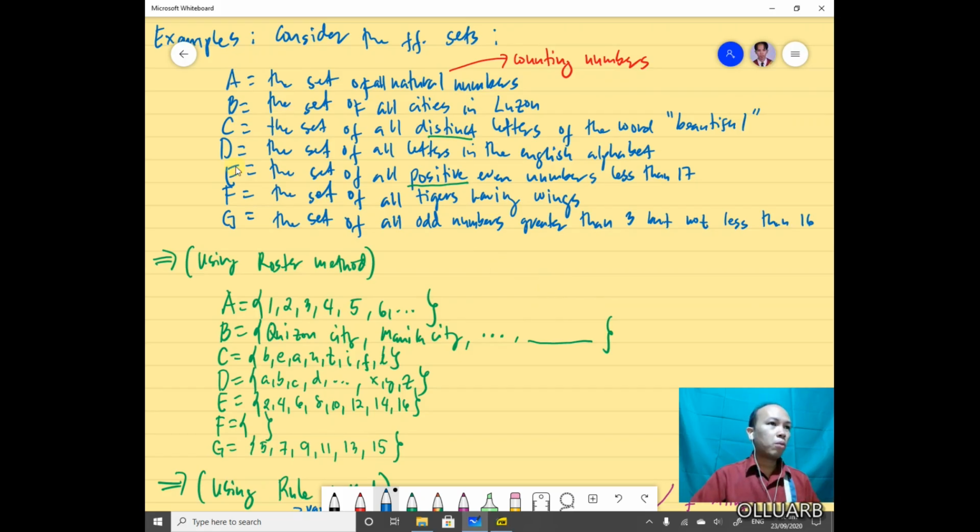Meaning to say, in set B, cities will become city. Letters will become letter. Numbers, we have number. Tigers will become tiger. Numbers here will become number.